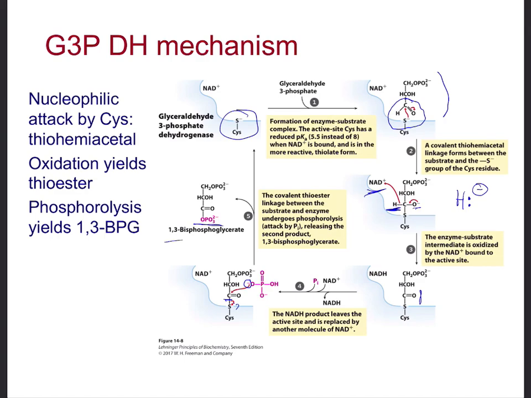So now we have a high energy intermediate in the form of 1,3-bisphosphoglycerate, and we get our enzyme back in its catalytically active state. Now this reaction here is referred to as a phosphorolysis reaction. It's kind of like a hydrolysis reaction, but instead of using water, we're using a phosphate. So we're breaking a thioester bond by adding phosphate across it.